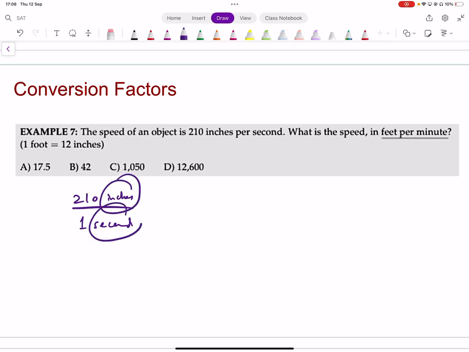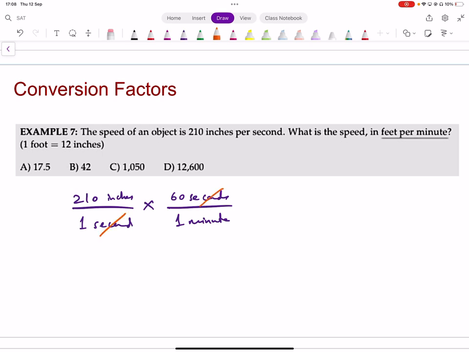Inches need to be cancelled, seconds also need to be cancelled. What's the conversion between seconds and minutes, first of all? And we can start from there. 60 seconds. Remember, seconds need to cancel out. 60 seconds to 1 minute. Seconds and seconds, they get cancelled out.